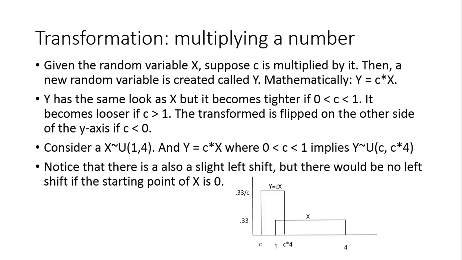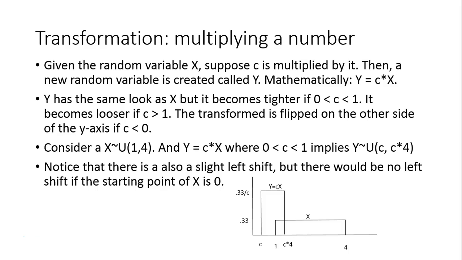So consider the following example. Consider x to be a uniform random variable like this, from 1 through 4, and let y equals c times x, where c is between 0 and 1. This implies that y is uniform between c and c times 4. Right?